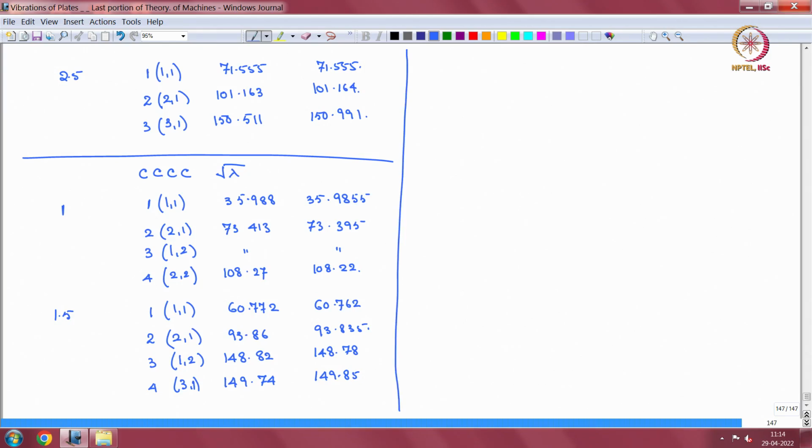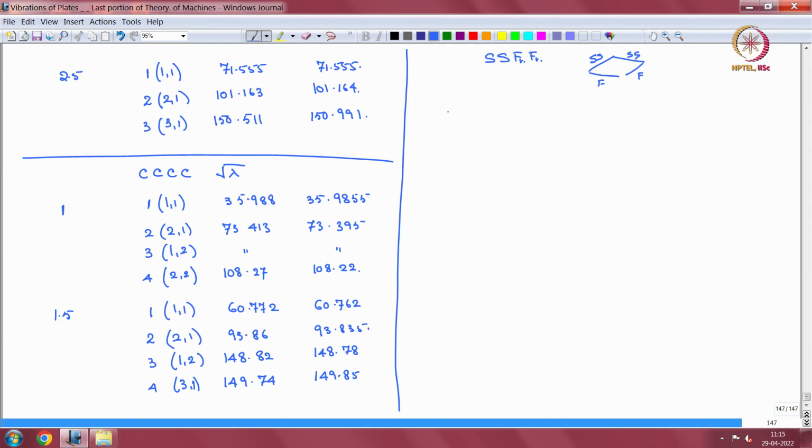And lastly we have simply supported and free, that is, simply supported on two sides and free on the other two.